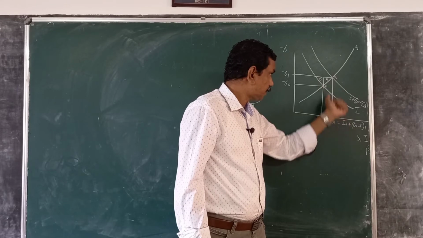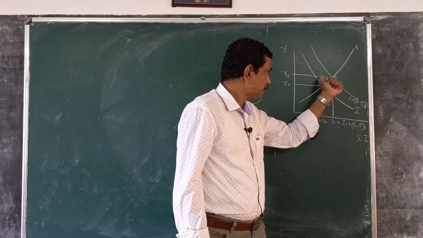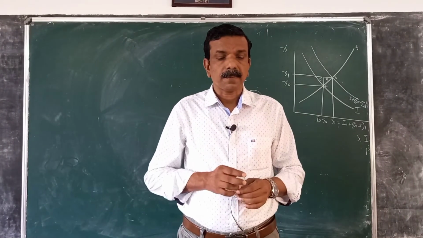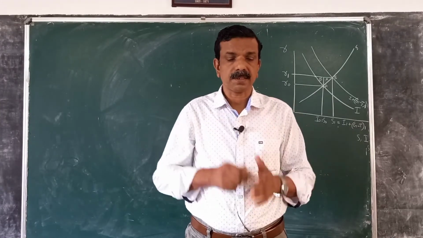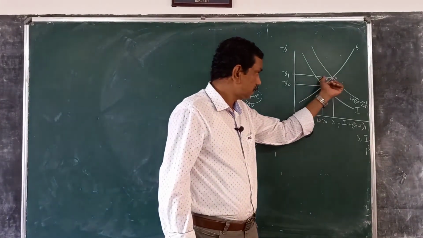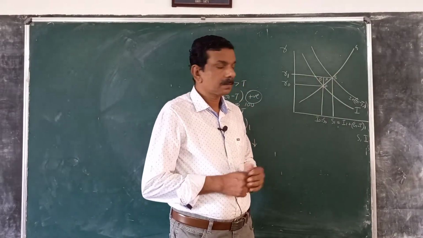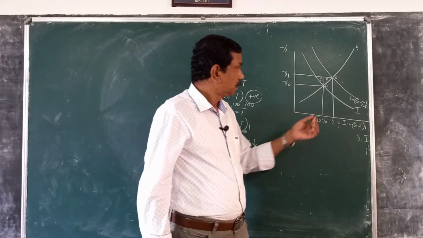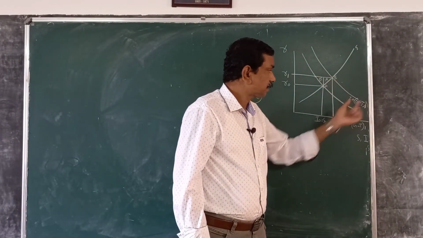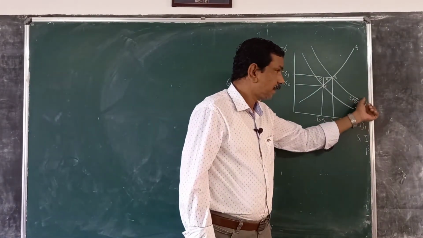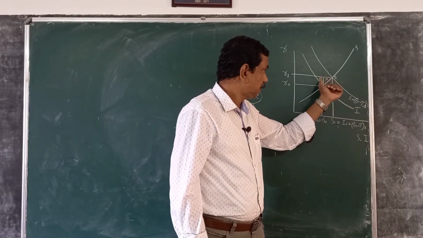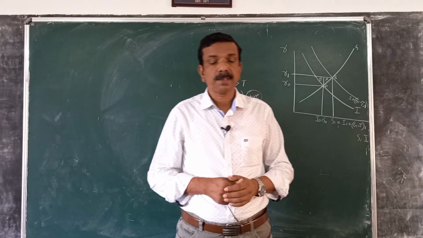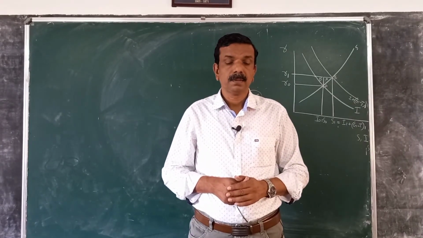This distance is A, and the decrease in investment is the distance B. Now, as you can see in the figure, the decrease in consumption, which is equal to the increase in savings A, plus the decline in investment B, is equal to the increase in government spending G minus T1. That is, B plus A is equal to G minus T1.